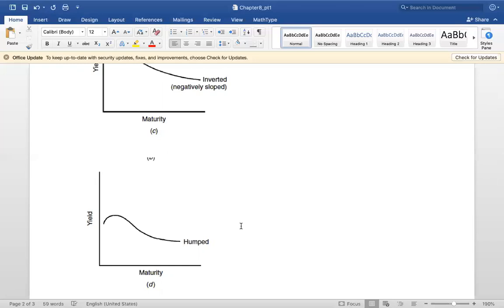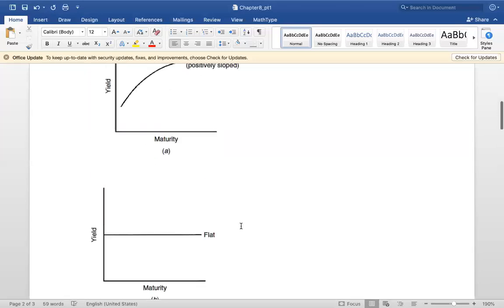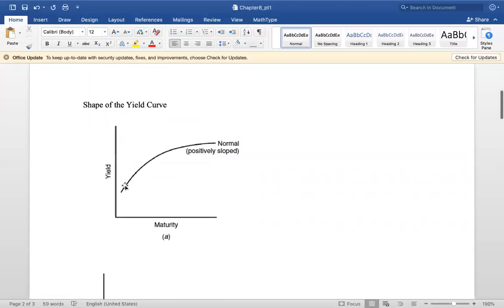Here, one thing is very important to understand, and that is the slope of the yield curve, or the steepness of the yield curve, which is measured as the difference between the yield of the highest maturity security and the lowest maturity security. So the difference between these two yields is called the slope or the steepness of the yield curve.